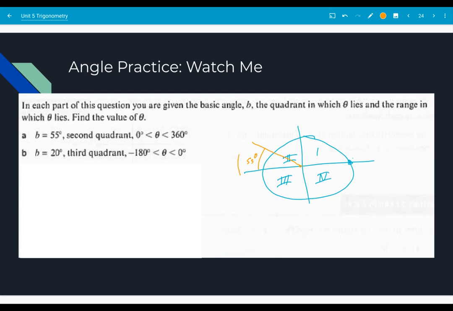We know that the whole thing is 180. So theta is going to be equal to 180 minus 55. So theta is going to be equal to 125 degrees.